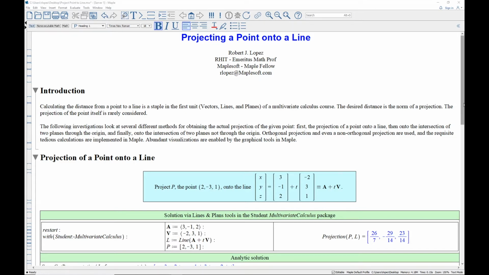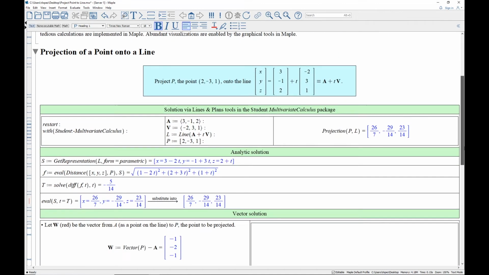An analytic solution using the tools of the calculus would run like this. We need equations of the form x equals 3 minus 2t, y equals, z equals. So we could get that by one of the tools in the multivariate calculus package. You get the representation of the line in parametric form, and you get a list of the equations that you need.